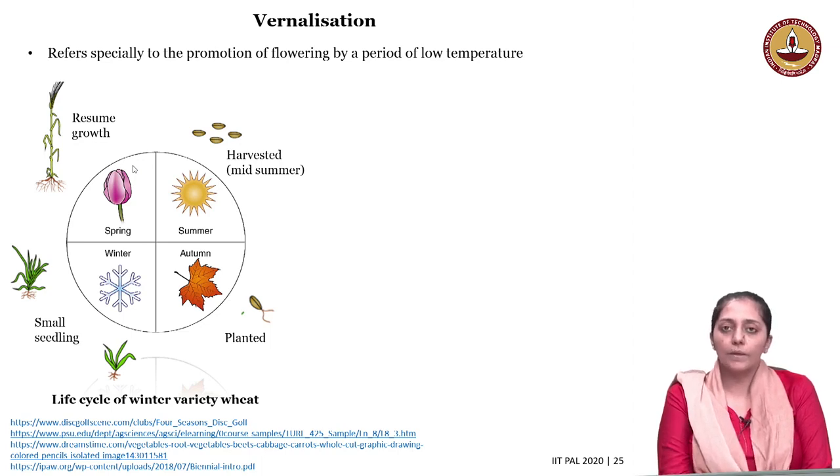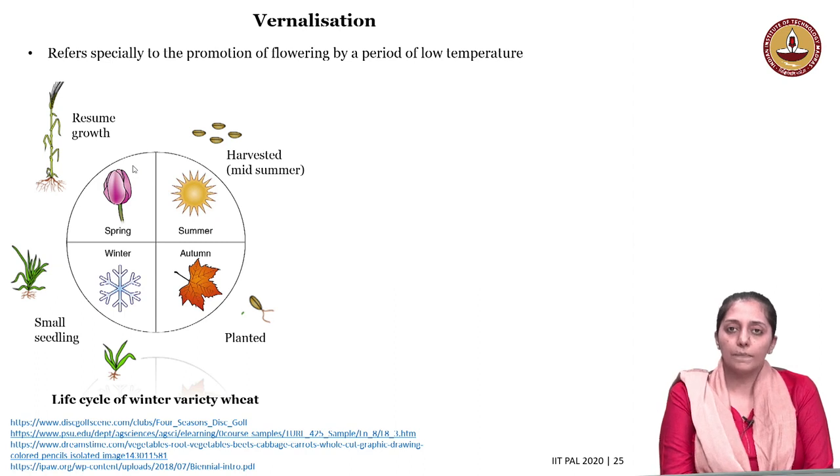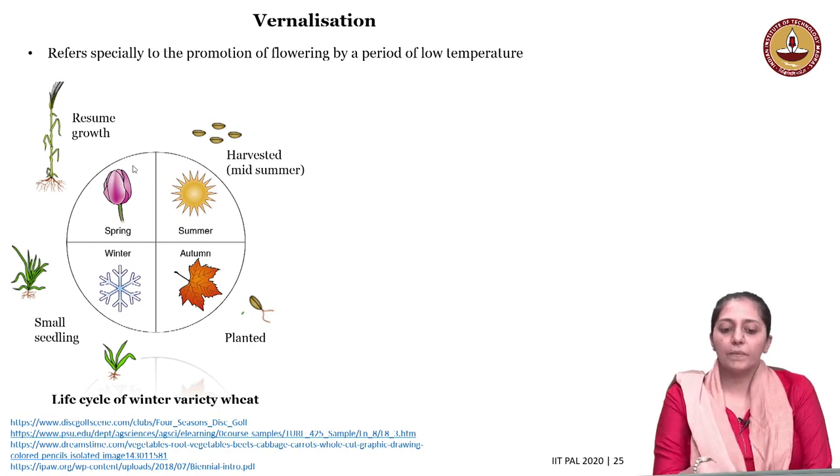During this cold period of growth, as the plant matures, the cold temperature causes induction of flowering, and therefore in the spring season you see flowering happening, which subsequently matures and is ready for harvest in the summer season. So, this low temperature is used by the plant to induce flowering in the growth cycle.